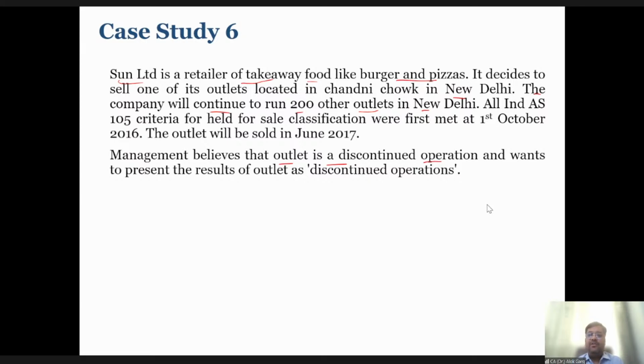Rashmi has said, I am just talking about the earlier response given by Rashmi, not related to this case study: if there is no further use of the asset in existing business, then the group of assets will be HFS. Otherwise, it will be added to existing business PPE.